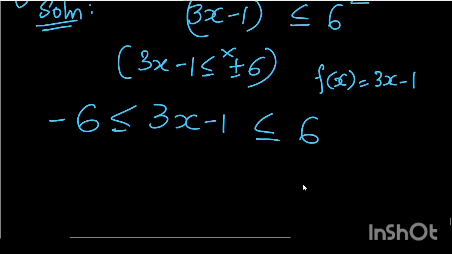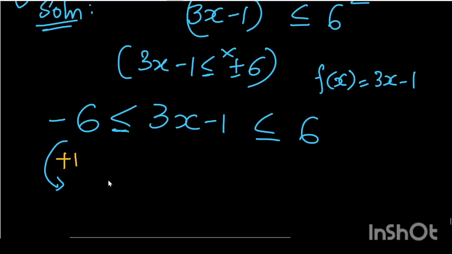Now this kind of equation, what we do, two linear inequalities are there which can be solved simultaneously by removing the 1 here and then the coefficient of x here to get the value of x. So what we will do, we will add plus 1 to all three sides of the inequality.